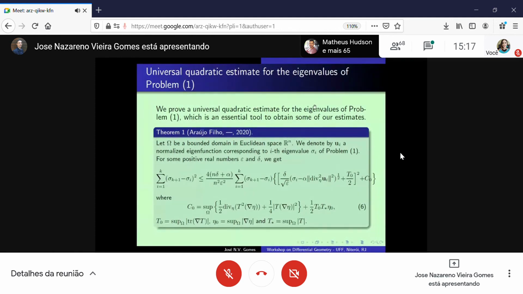But look at this part. In this part, delta, alpha, and epsilon are constants. Okay, and it's necessary that this part be positive.